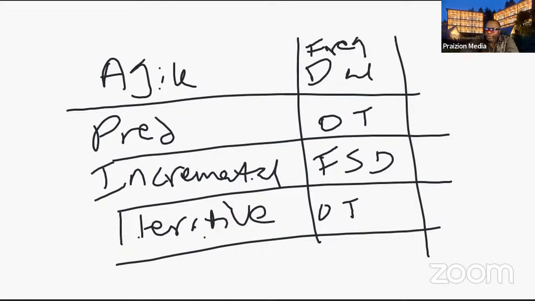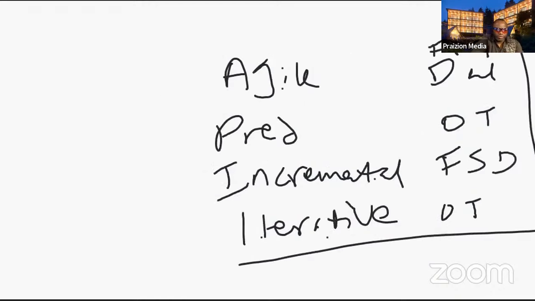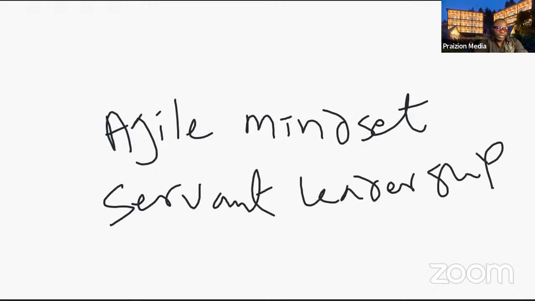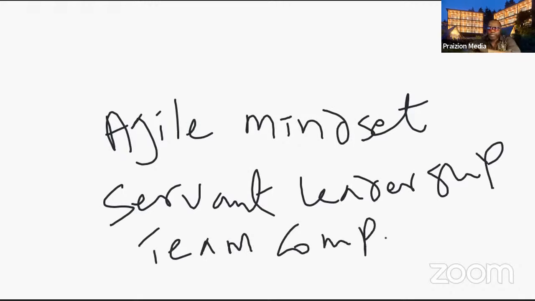Going into chapter 4 now. Chapter 4 is all about implementing Agile, and it's all about creating an Agile environment. So what do we talk about here? Agile mindset, and of course, servant leadership. We also talk about team composition, okay?